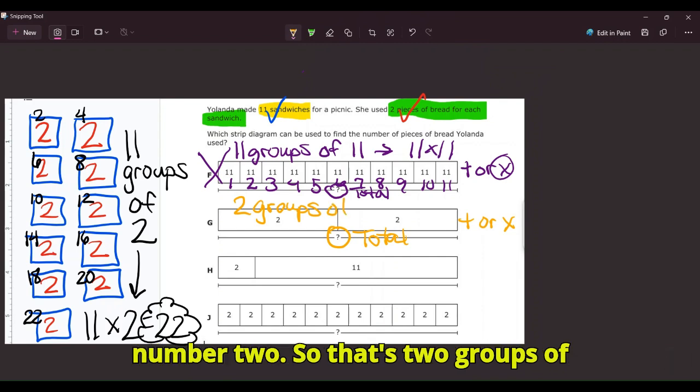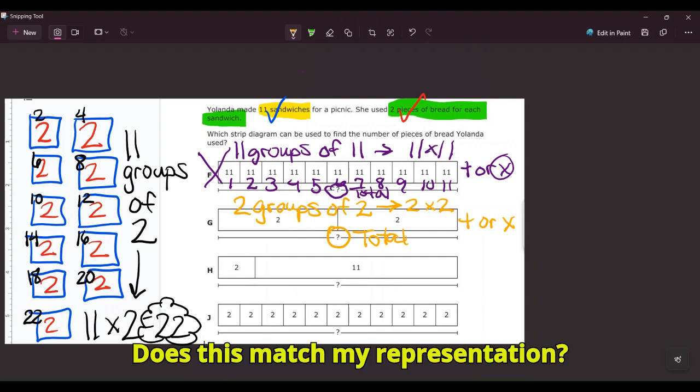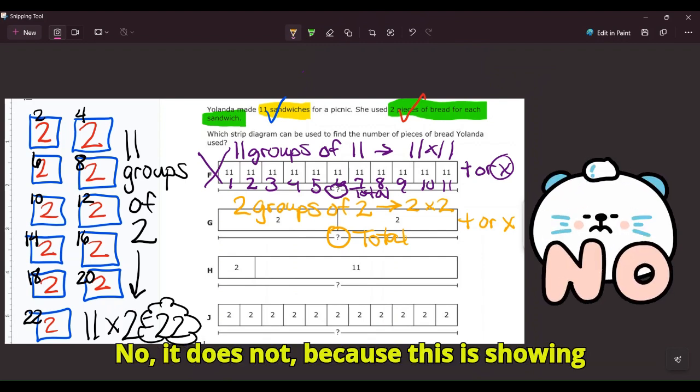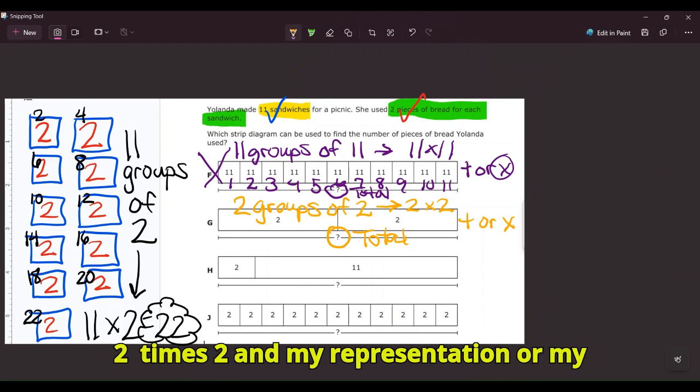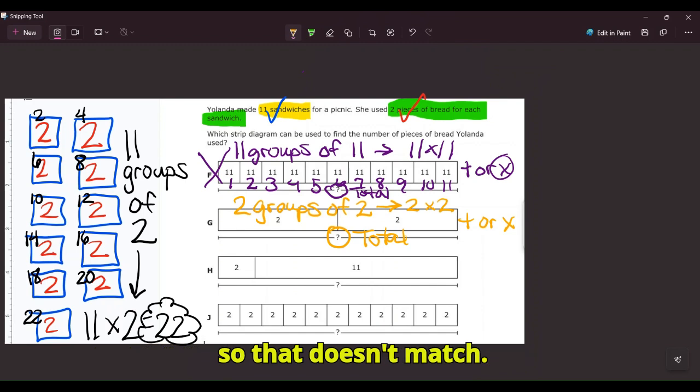So that's 2 groups of 2, which means this picture represents 2 times 2. Does this match my representation? No, it does not, because this is showing 2 times 2, and my understanding of the problem is 11 times 2. So that doesn't match.